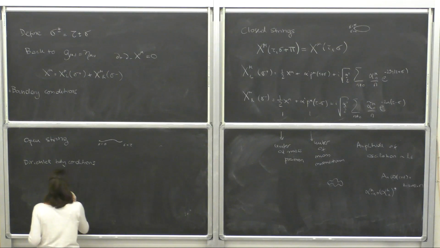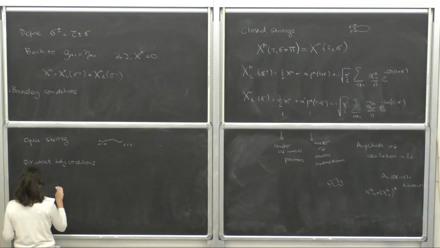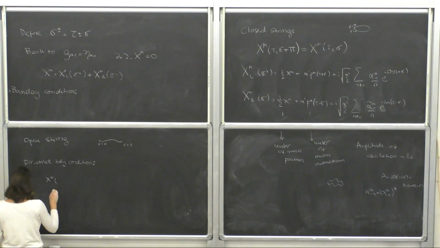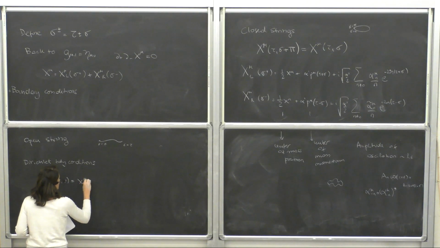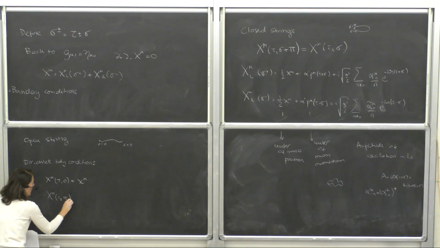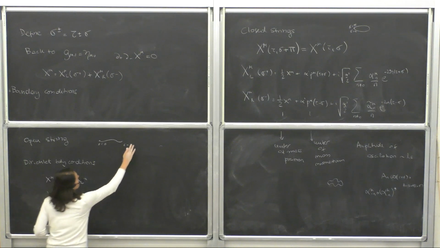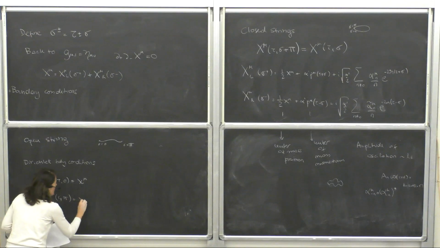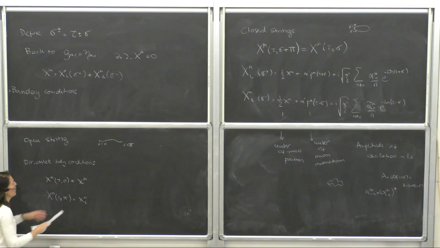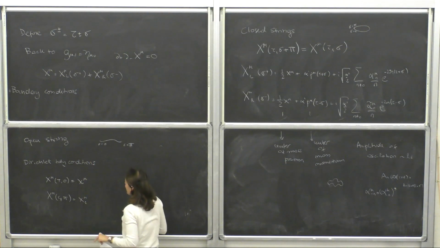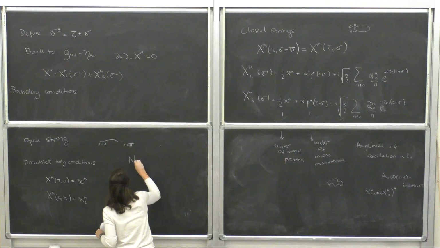So let's say x mu of tau at sigma equals 0 is some x0 mu, and x mu of tau at sigma equals pi, which is the other end, is some x1 mu. So these are fixed, these are the Dirichlet conditions.